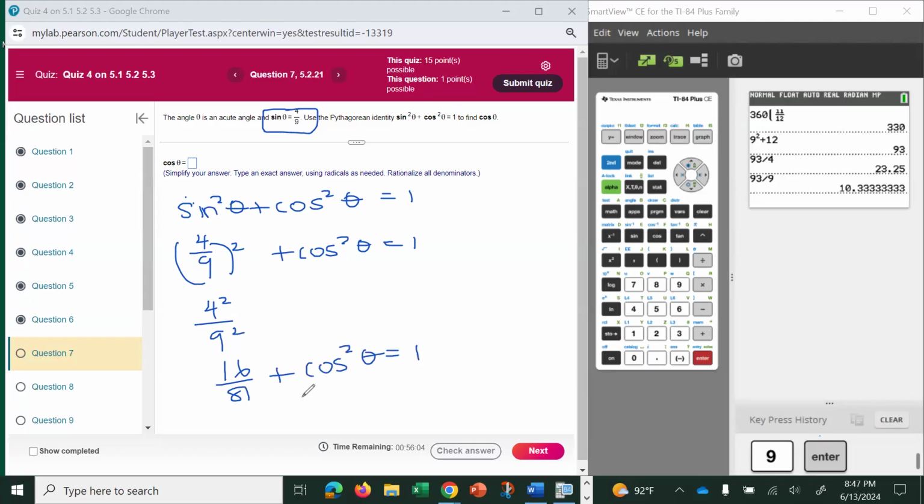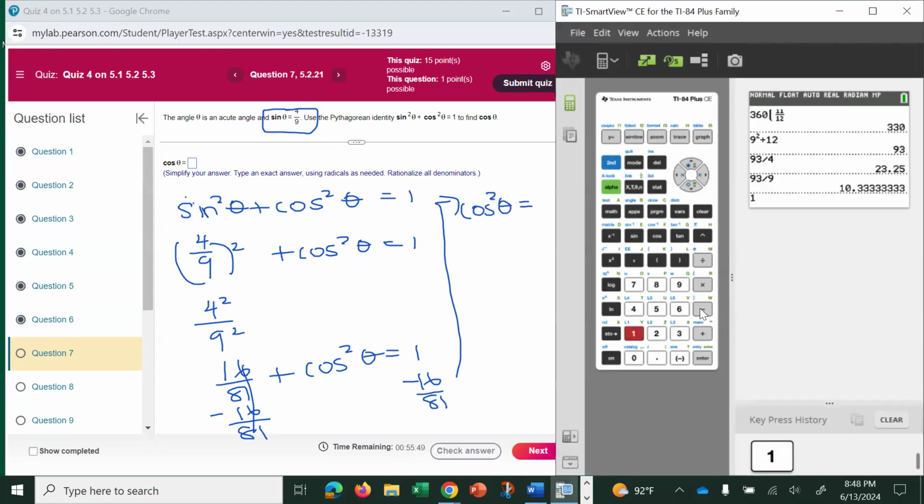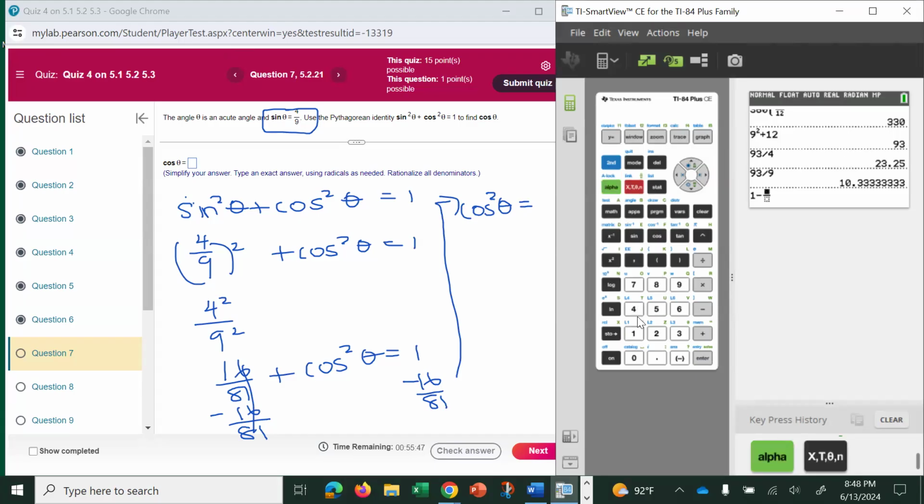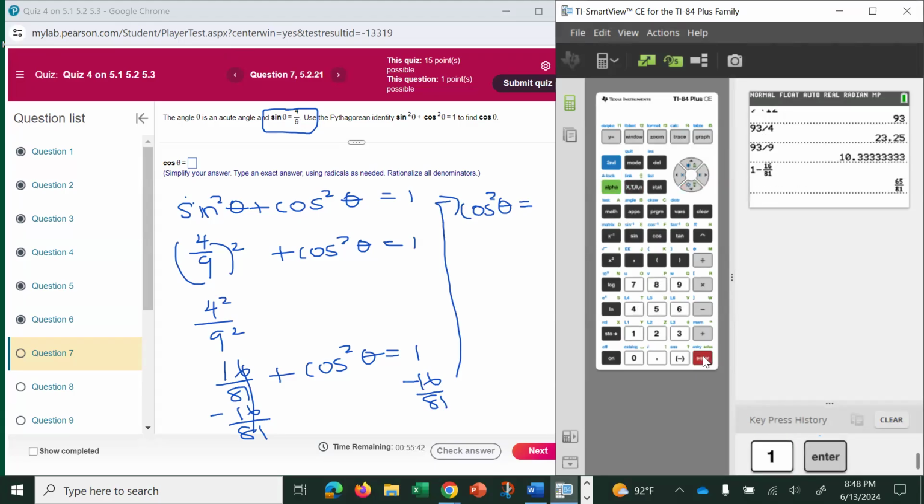cosine squared theta equals 1. So I'm going to subtract 16 over 81 from this side, and that'll give us cosine squared theta is equal to 1 minus 16 over 81. I'm just going to have a calculator do that for me. And that'll be 65 over 81.